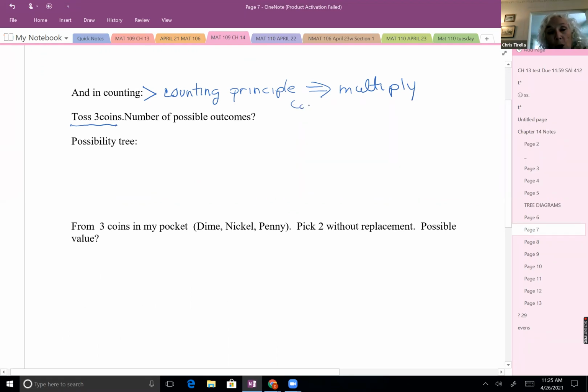Well, for the first coin, there's 2. For the second coin, there's 2. For the third coin, there's 2. So the total number of outcomes would be 2 times 2 times 2, or 8.